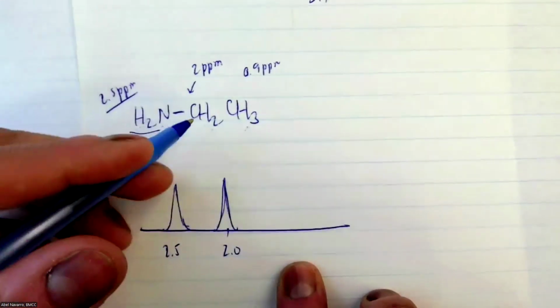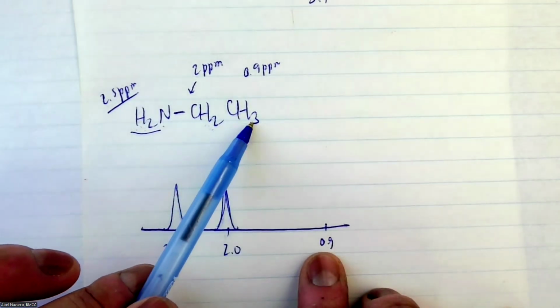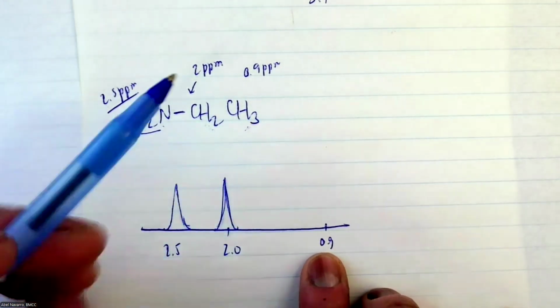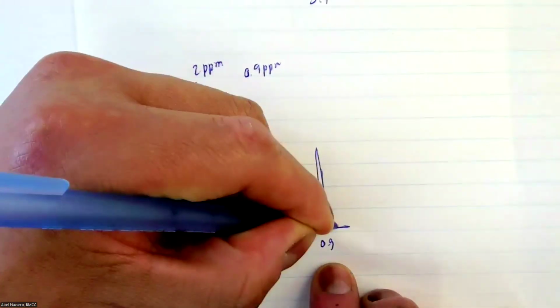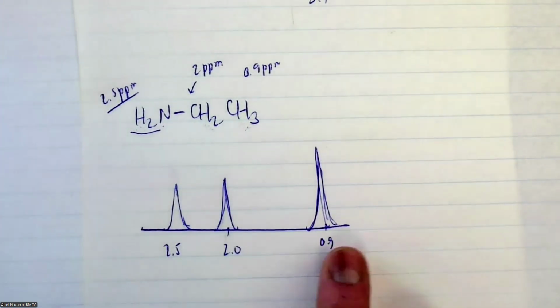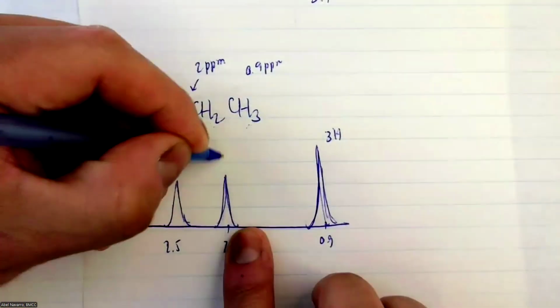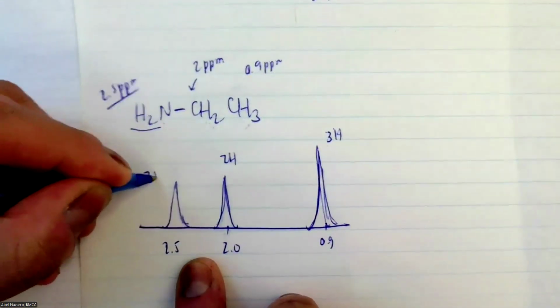And this one is at 0.9. That should be 3, a 3 to 2 ratio, so it will be a little bit taller, because this one represents 3H, this one represents 2H, and this one represents 2H.